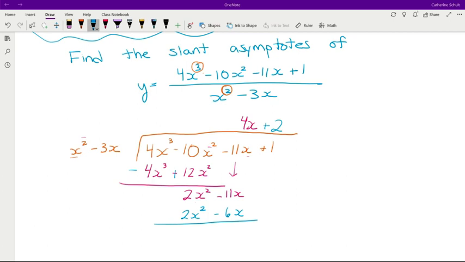All right, and then we change all the signs. That goes to 0. Negative 11x plus 6 is negative 5x, and we bring down the 1. Okay, and at this part we're done because x squared times no polynomial will get us to negative 5x. So if you remember, this is called your remainder.